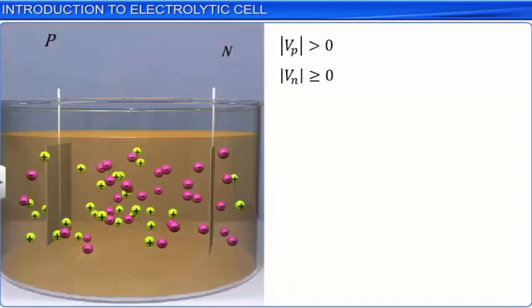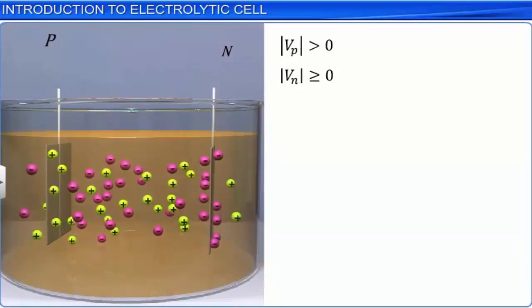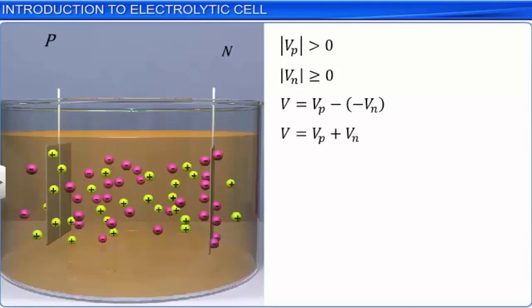Let us now understand the concept of the electromotive force of an electrolytic cell. The potential difference, V, between P and N is Vp minus of minus Vn, which is equal to Vp plus Vn. Let this be equation 1. The voltage or electric potential difference across the terminals of a cell when no current is drawn from it is its EMF.